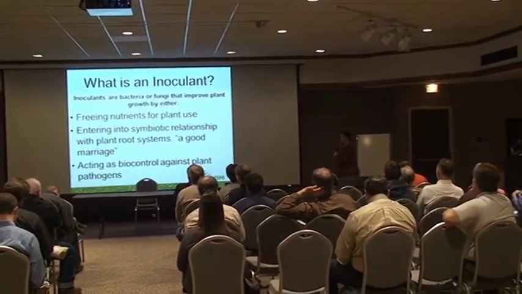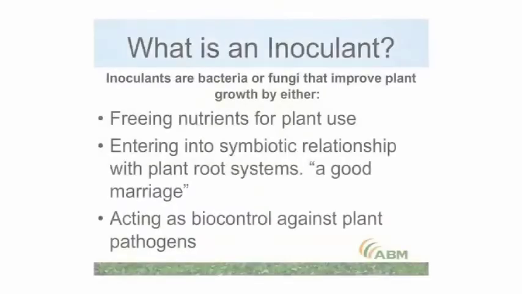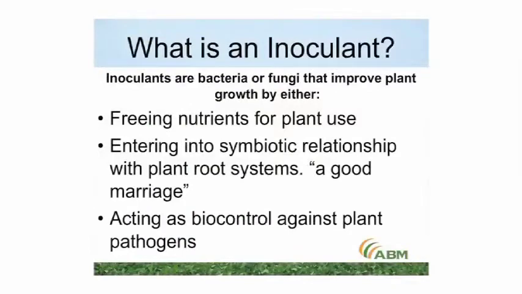And then acting as a biocontrol against plant pathogens. There are several different organisms in the marketplace today that act against Pythium, Rhizoctonia, Fusarium, and they are actually living organisms.